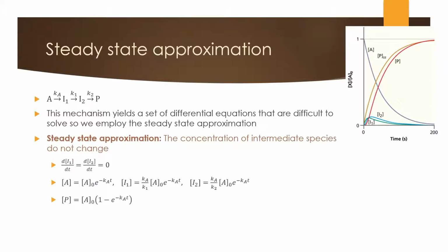Again, this is appropriate only when the rate for A to either of the intermediates is the slowest one. And we can see again that we have not a large amount of intermediates produced. If that's not true, this is very bad and it's not an appropriate assumption to use. Now, we're going to use the steady state approximation quite frequently throughout the next couple of lectures because it's very useful for us in simplifying otherwise complex rates.